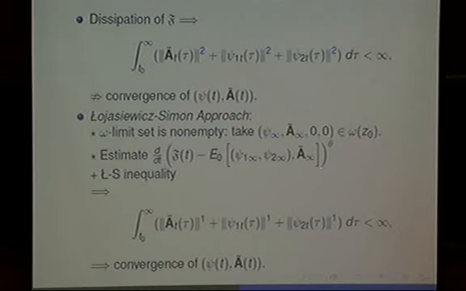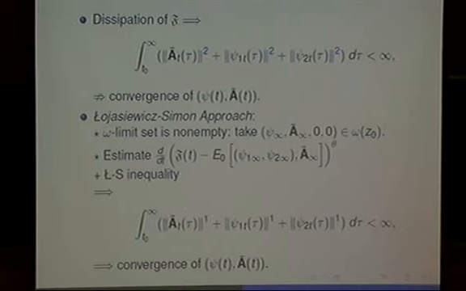And then we insert the Loesch-Simon inequality into this time derivative. Finally, we find that we can deduce the following relation. Comparing with the above one, we find that the power 2 here is reduced to power 1.